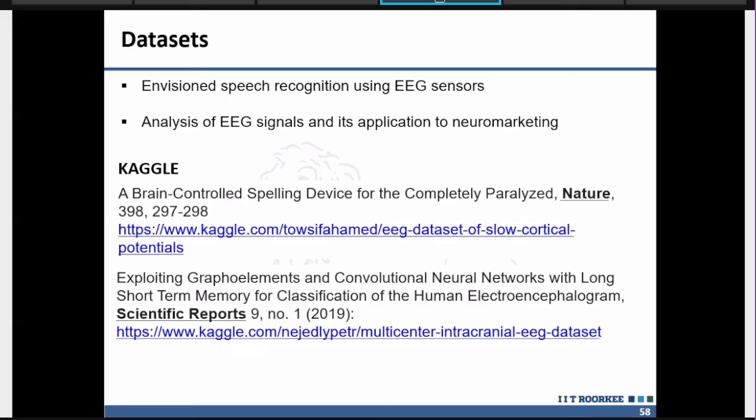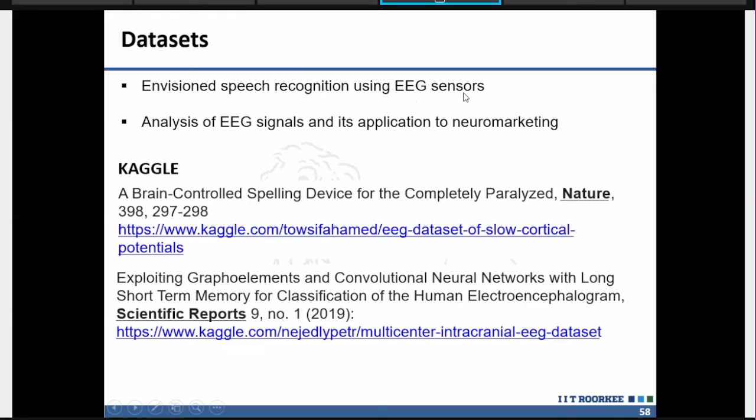The idea is, from these EEG signals, can we understand what the user is thinking? In future communication, we may not need to speak. Just by imagining the objects, we can communicate. That's envisioned speech recognition using EEG signals.